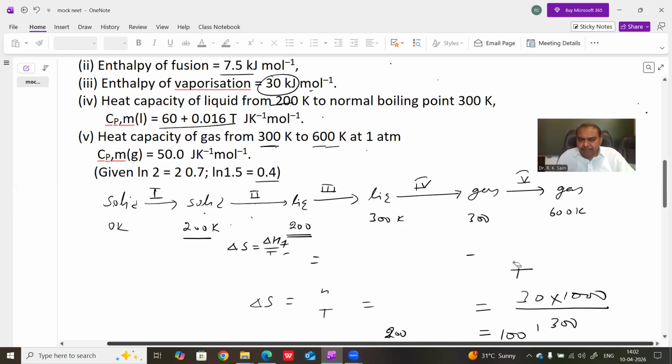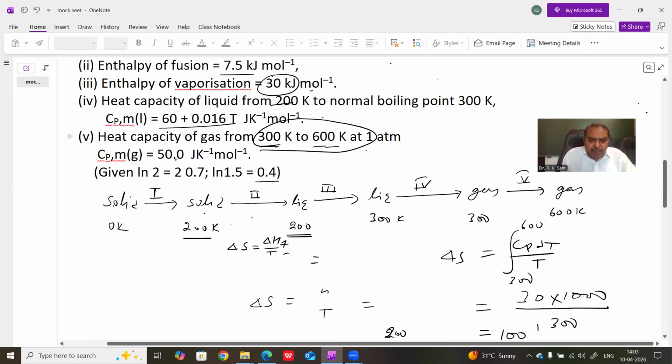In step 5, the entropy change of the gaseous species is the integral of Cp dT upon T, with temperature varying from 300 Kelvin to 600 Kelvin. In this temperature range, the Cp of the gas is given as 50.